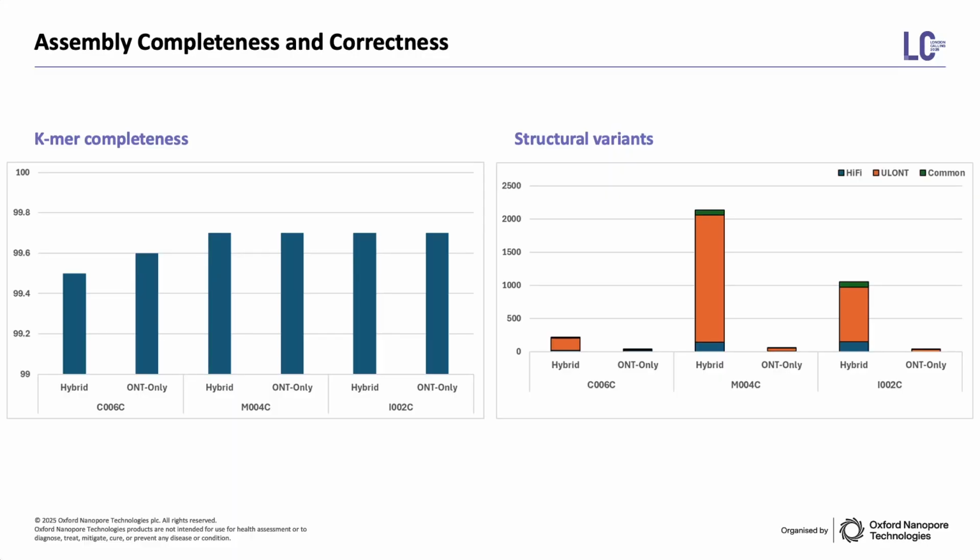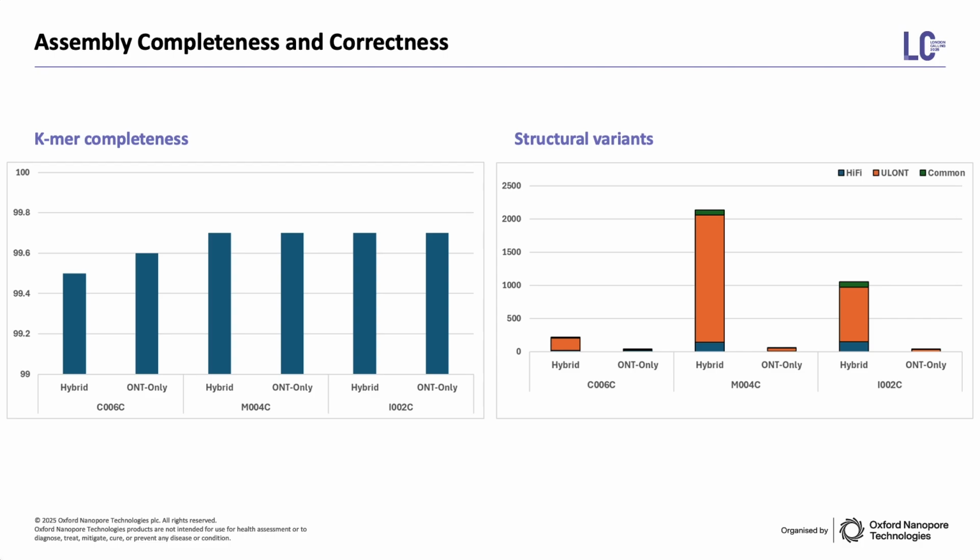Coming to the next evaluation, we checked the k-mer completeness. Here we check how many of the k-mers from the read data sets are also seen in the assembly. The majority of the k-mers you see in the reads should also be found in the assembly, indicating that you have constructed the complete genome. The second one is that we also check the structural variations.